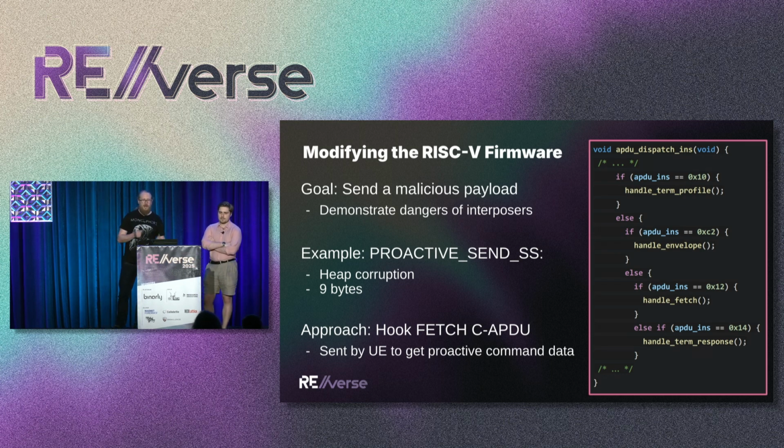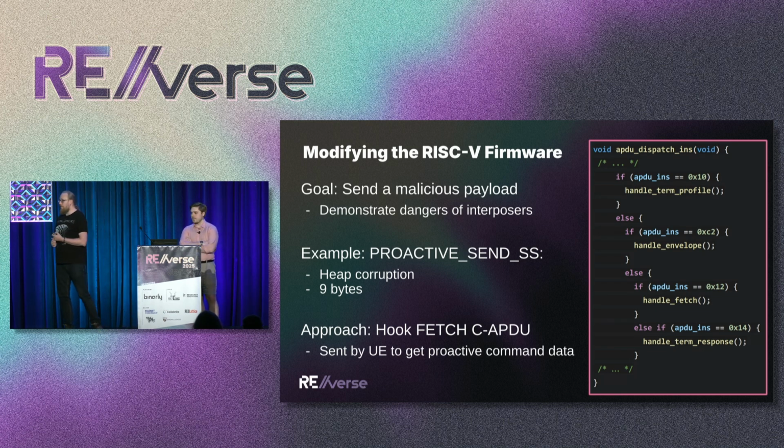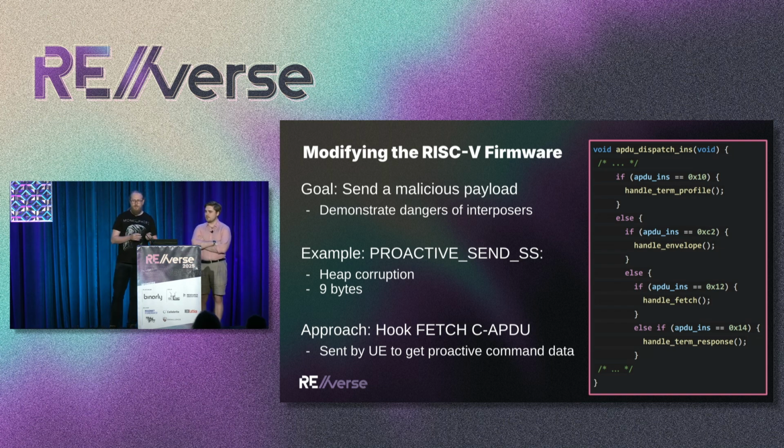So we started binary patching the firmware, and we started patching around the handle fetch command. Remember, if a SIM notifies the UE that there are proactive data, the UE or the CP, the baseband, will then use the fetch command to fetch the proactive data from the SIM.